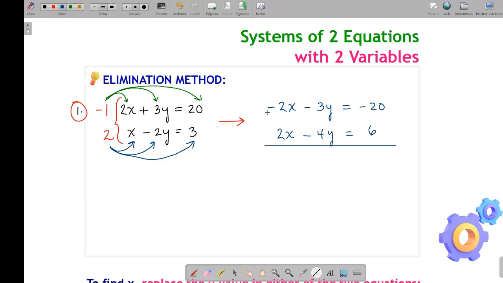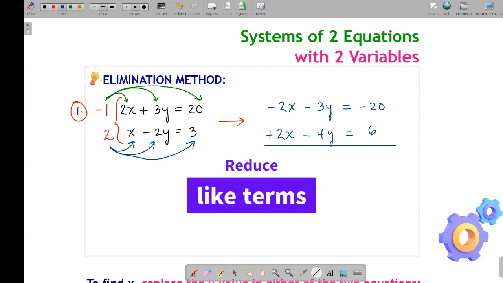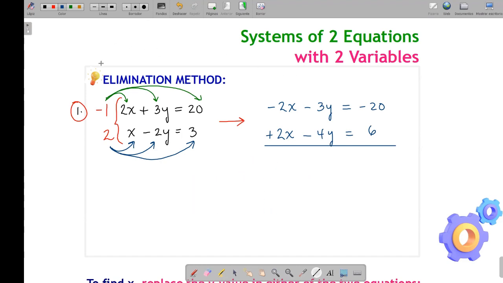As we wanted to eliminate the x, let's see. Here we have a negative 2x and here we have a positive 2x. -2 plus 2, applying the rule of signs in addition and subtraction, becomes 0. So you may draw a line indicating that you are canceling the x's, because -2 plus 2 is 0.